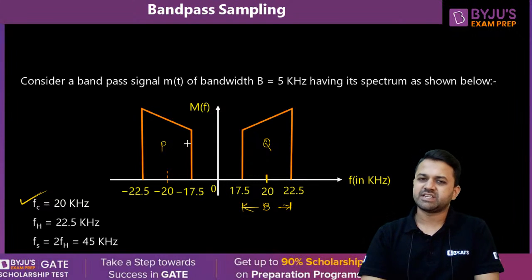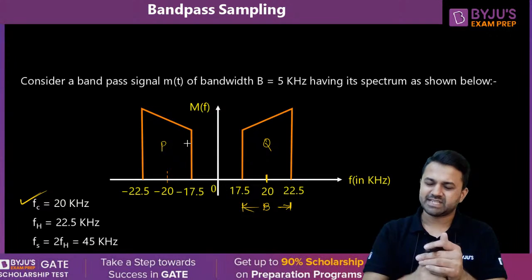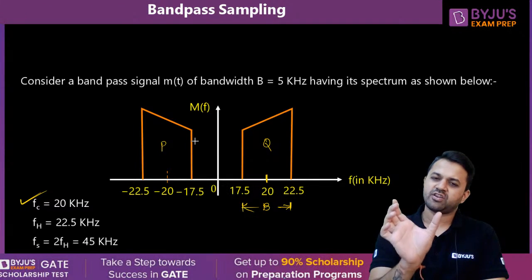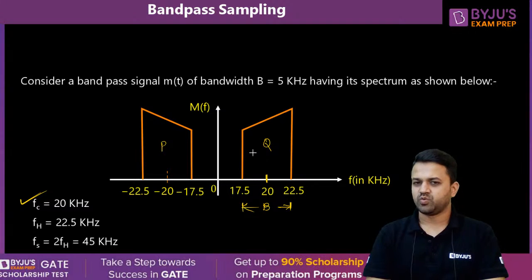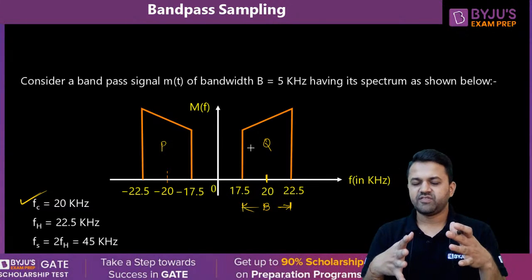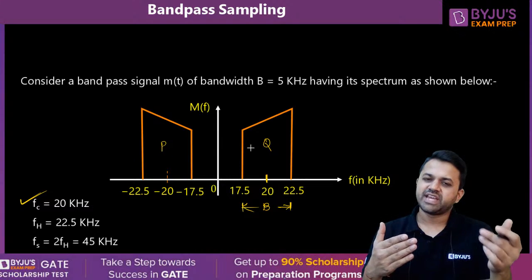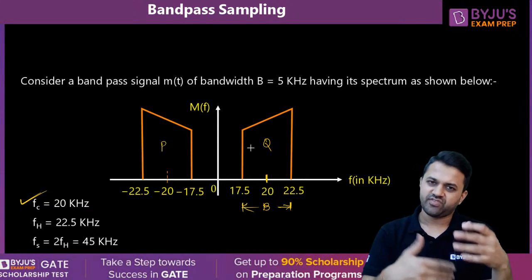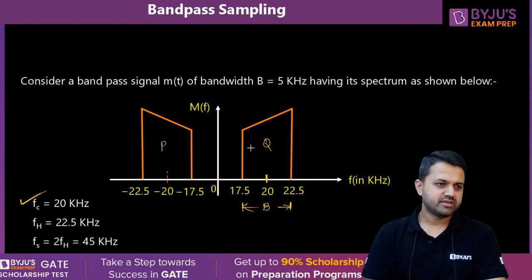Because our information lies in a bandpass signal, our complete information lies in one pair, P and Q. Whenever we get P and Q together, we will say that our information is recovered.